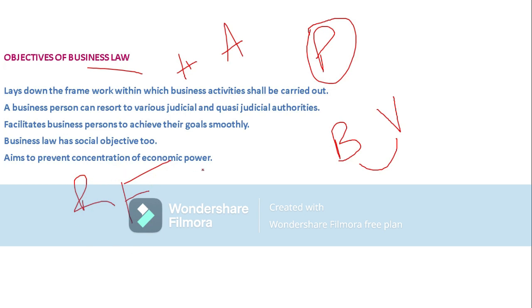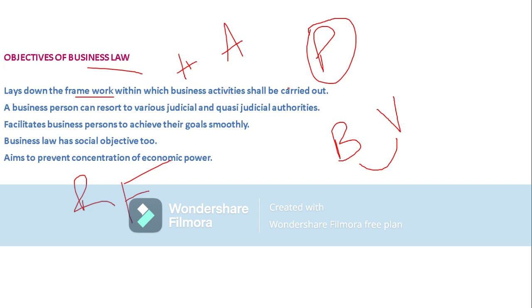On business: the persons who are running the business, the relations involved among business persons, the business activities, protecting the interest of the shareholders, and ensuring the validity of business transactions. These are the primary objectives behind business law. So the first objective of business law is that it lays down the framework within which business activities shall be carried out.